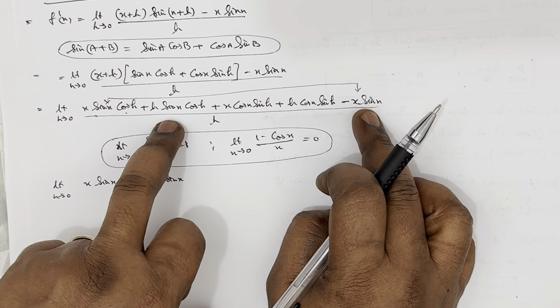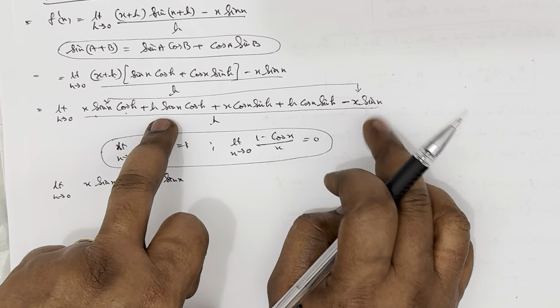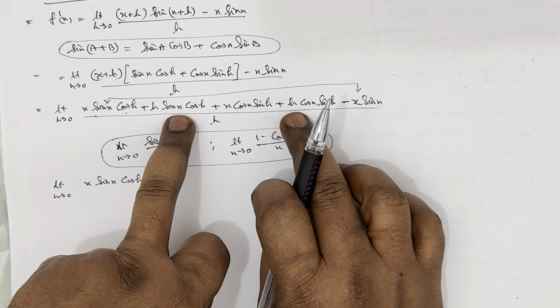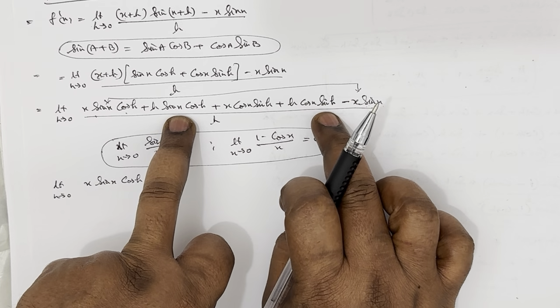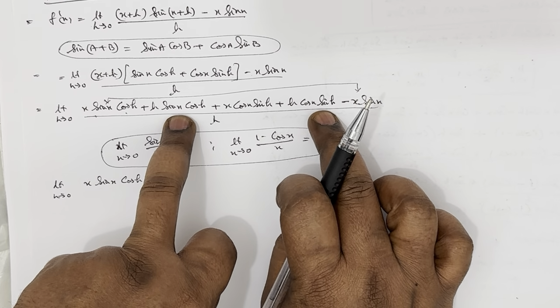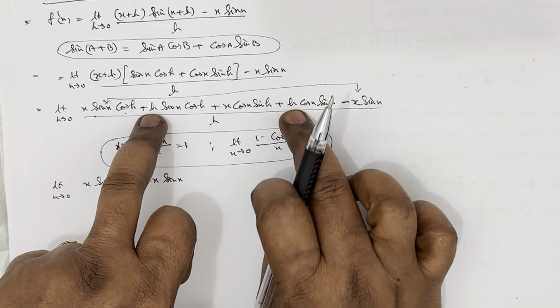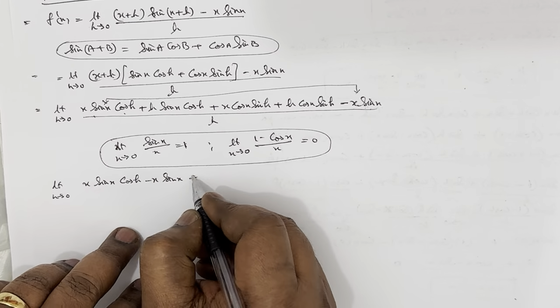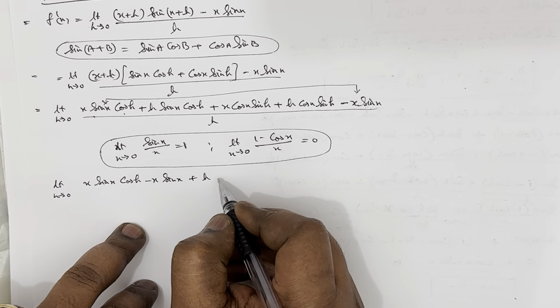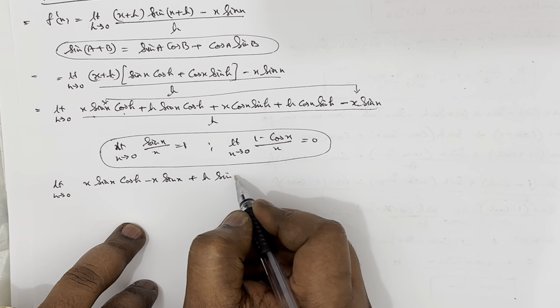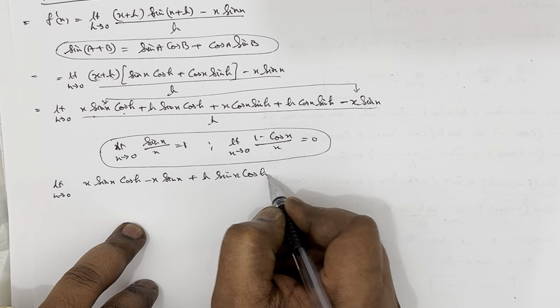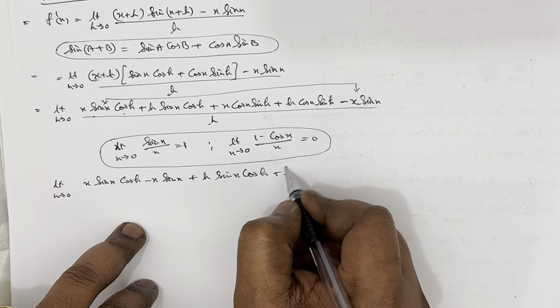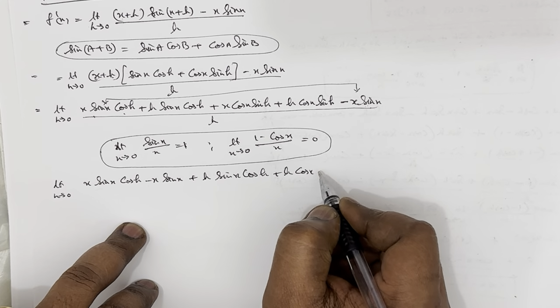Now next is h sine x cos h. You have another h cos x sine h. Okay, so we have h here together, so we can take h out, so plus h, sine x cos h plus h cos x sine h.